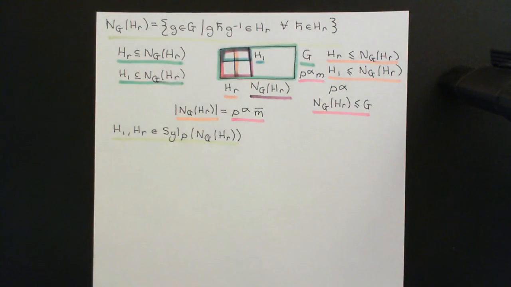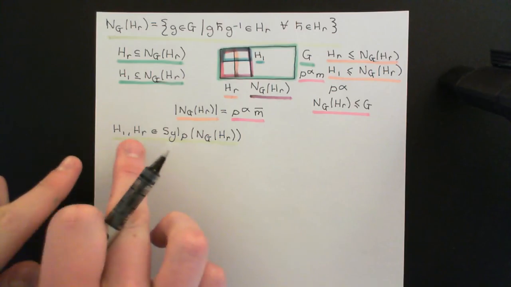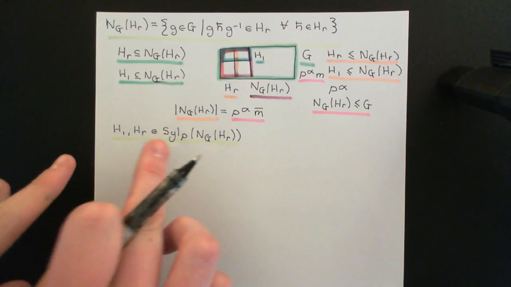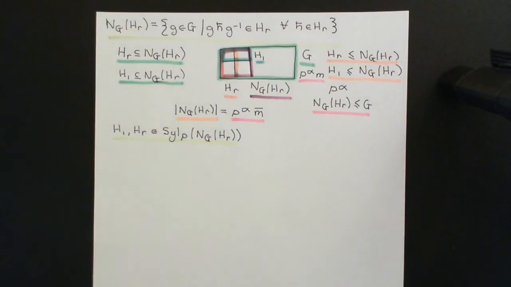Okay, so what does it mean if these two are both Sylow p subgroups of the normalizer of HR in G? Well, what do we know about Sylow p subgroups in some group? That they have to be conjugate to one another in that group.